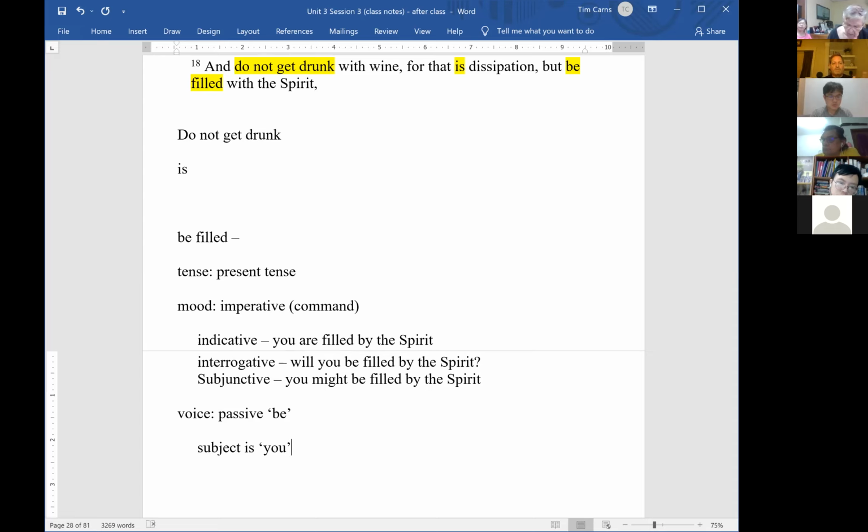Okay, it's the command, so it's implied, you be filled. Could even put that in brackets here to remind us. For any imperative in English, the implied subject is you. So you be filled. So the subject is you, but in this case, because it's passive, the subject is not doing the action. The action is being done to the subject. And here it is the Spirit doing the action, right? Be filled by the Spirit.